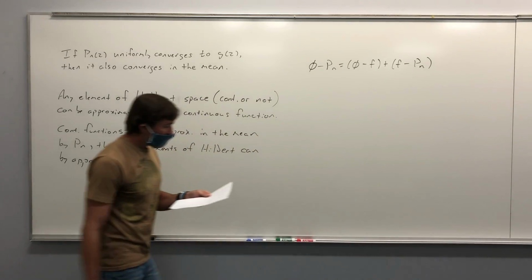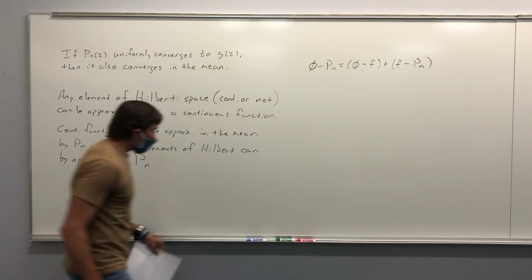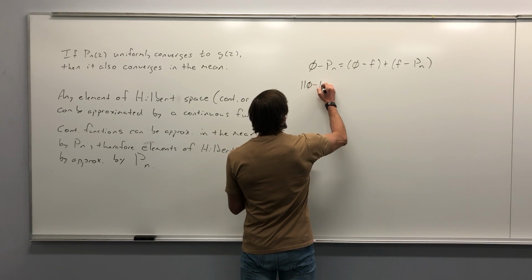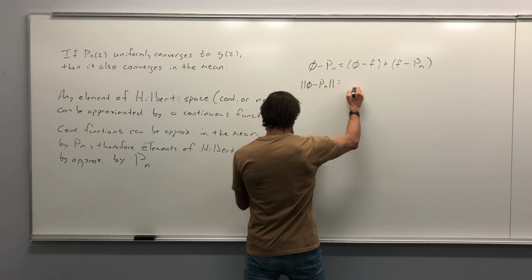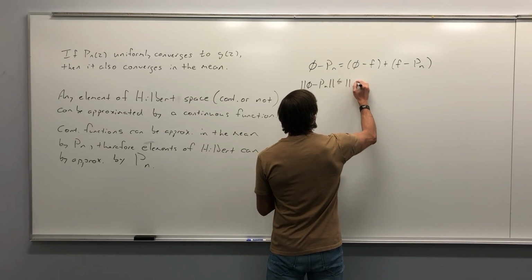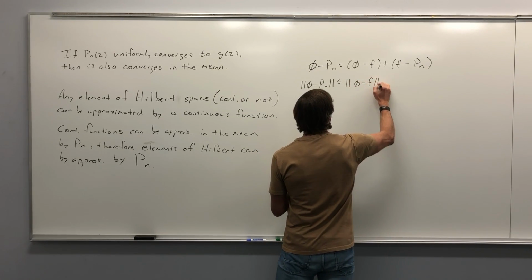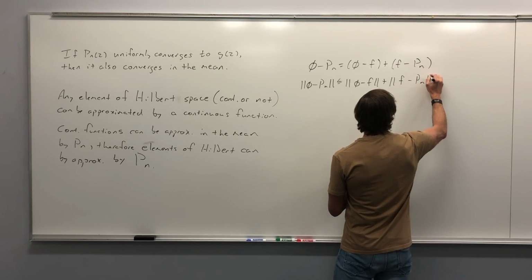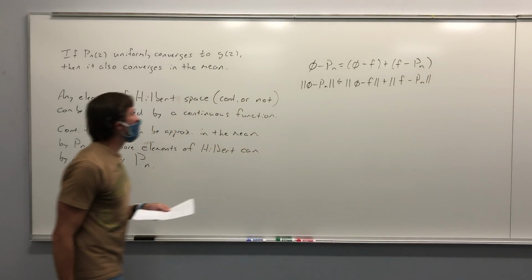By the triangle inequality, one thing we know is that the magnitude of phi minus P_n is less than or equal to the magnitude of phi minus f plus the magnitude of f minus P_n.